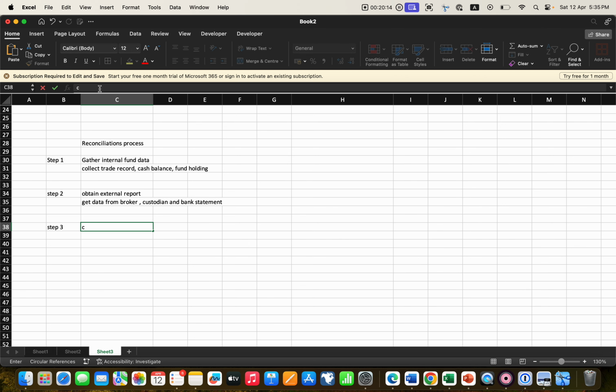Where there is a discrepancy, it may be at the broker level, at your level, or maybe some technical issue, so you have to identify it. Cross-check fund transactions against the external report.